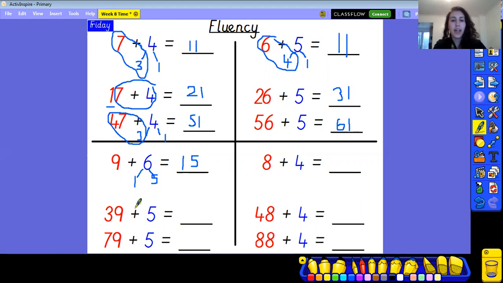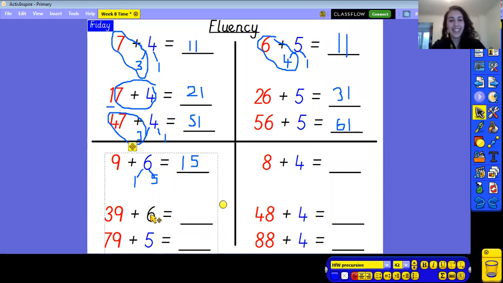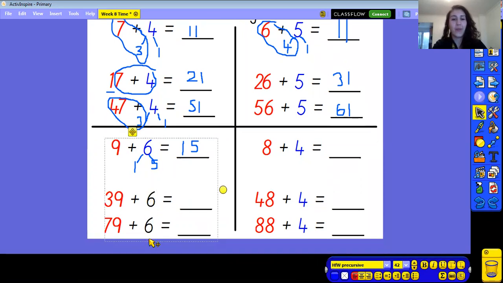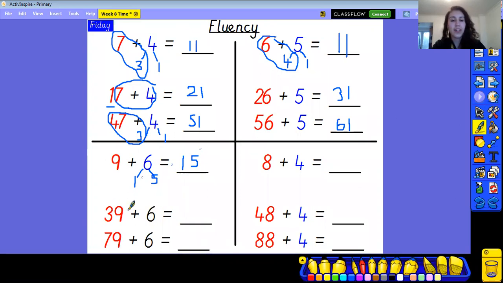So then 39 add 5, well 39 add 1 would be 40, and then add 5, oh whoopsie daisy, I thought something didn't seem right there. Well done if you already spotted that before me. So 39 add 6, because remember we're doing 9 add 6, so now we're using that related number fact to do 39 add 6.